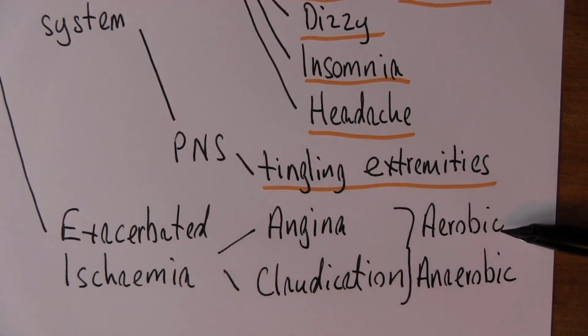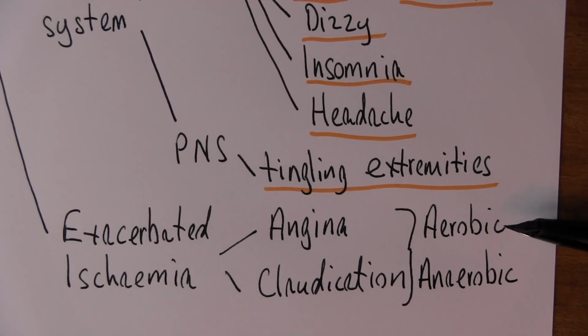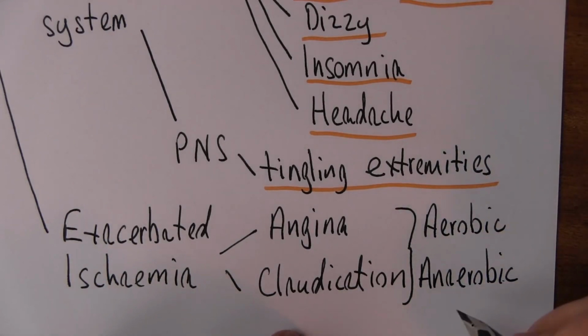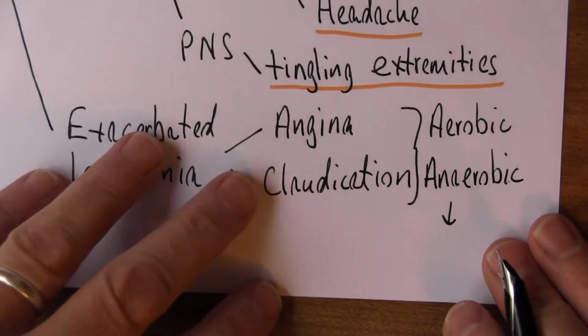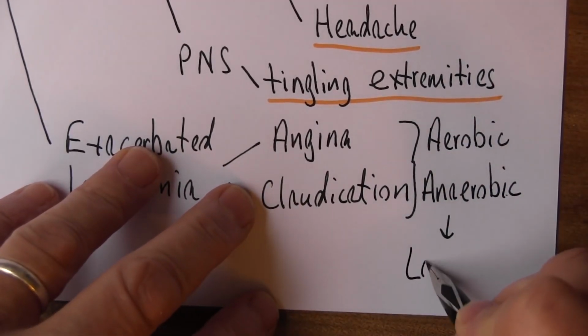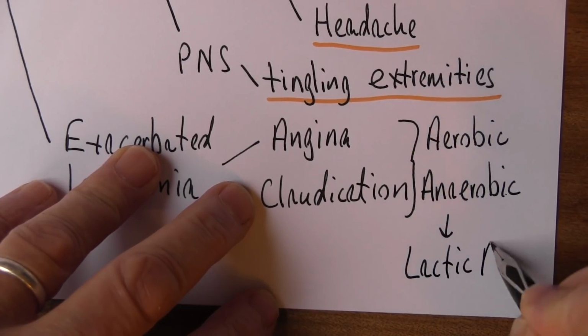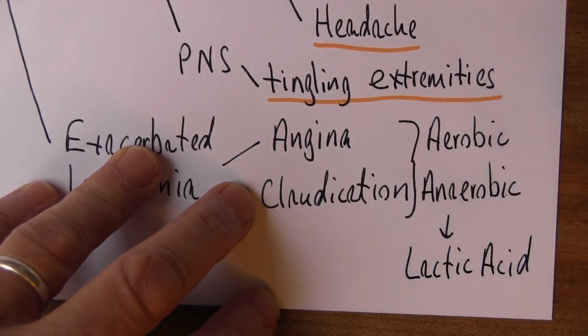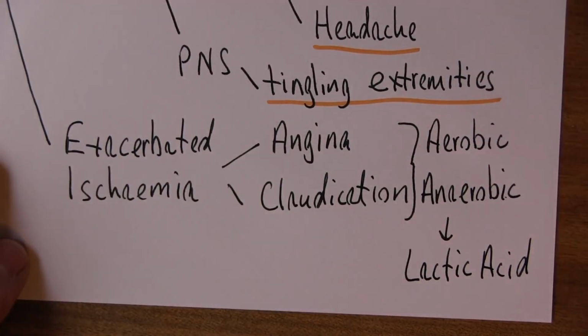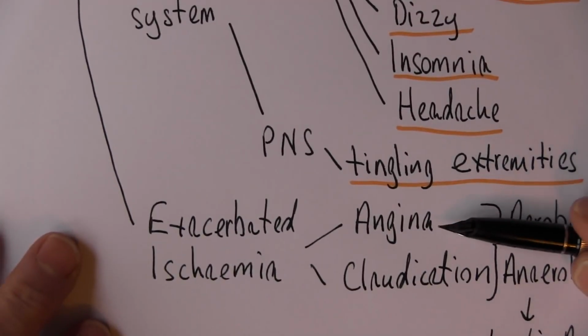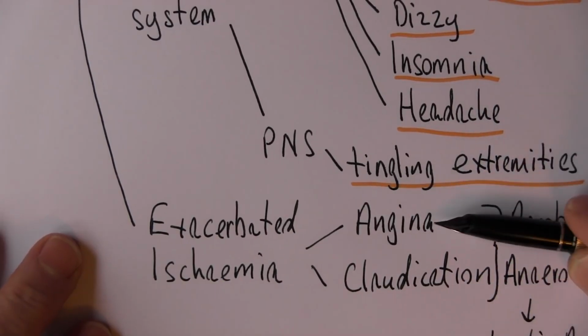Aerobic means there is metabolism in the presence of oxygen. Anaerobic means that there's metabolism in the absence of oxygen. And if there's anaerobic metabolism, that leads to the production of lactic acid. And it's the presence of lactic acid in the tissues which causes the pain. So we can get lactic acid in the myocardium causing the pain called angina, angina pectoris.